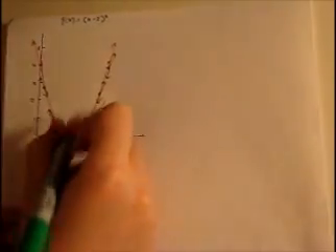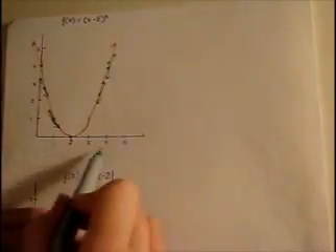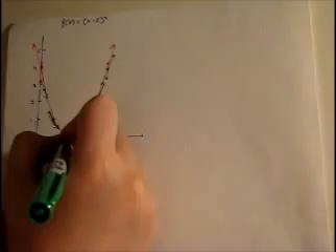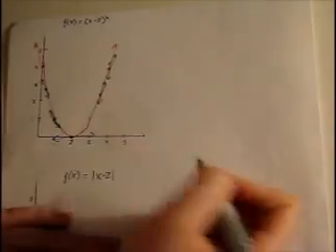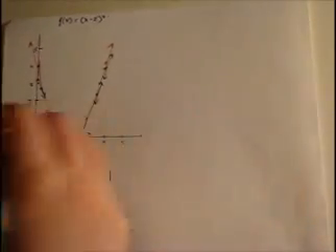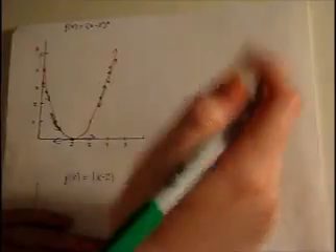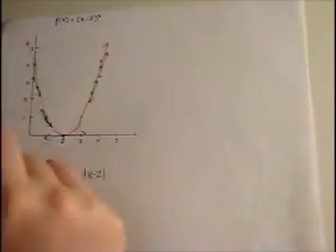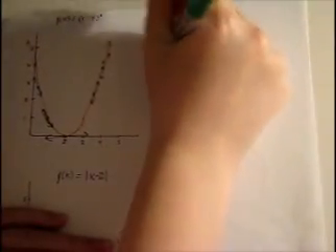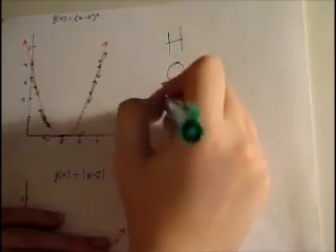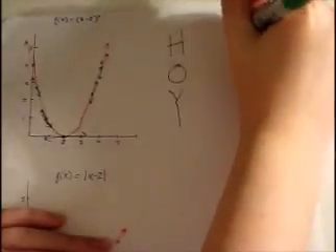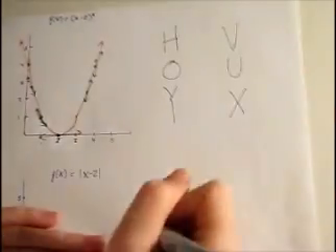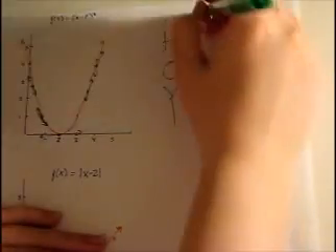So when we reach 2, which is the bottom of this curve, where it intersects the x-axis, the line's horizontal. Well, what's the slope? I'm sure y'all have all heard of the fabulous HOY-VUX rule. We're going to deal with this later, so I'm just going to box this off.